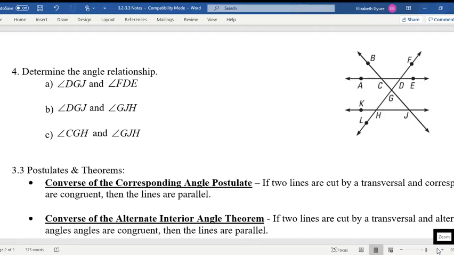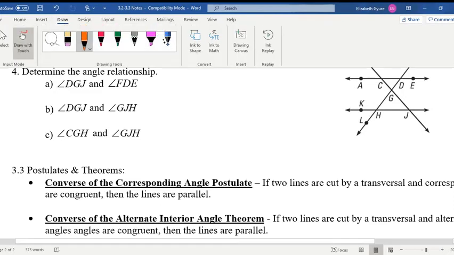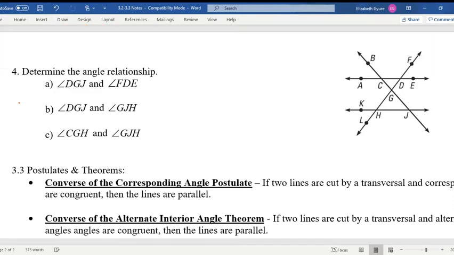So in number 4, this is saying that angle DGJ is right here. And then it's asking you to also look at angle FDE. Where's FDE? Okay. So that's this angle right here and this angle right here.